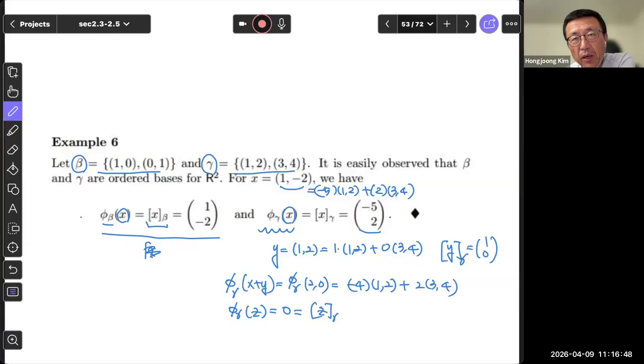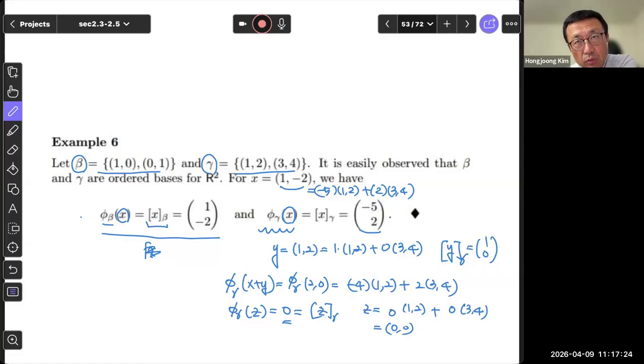What does the coordinate imply? z can be constructed as a linear combination of the bases in gamma using these numbers as coefficients. But since these two numbers are just zeros, z will be the zero vector. In other words, z is 0. So the mapping is one-to-one.